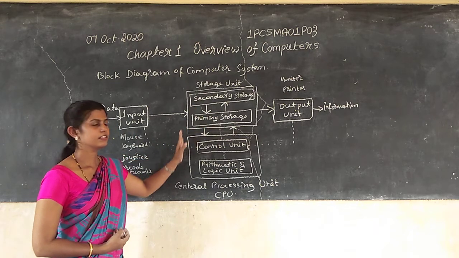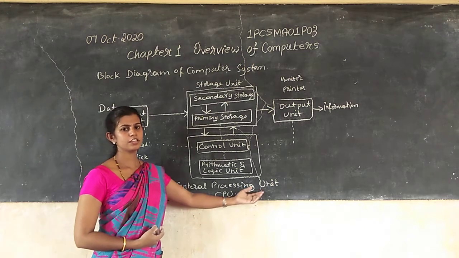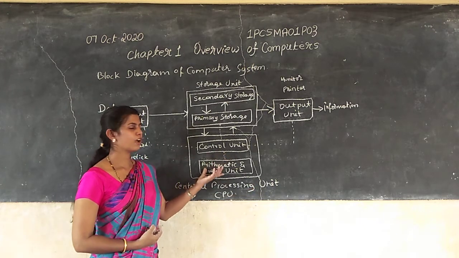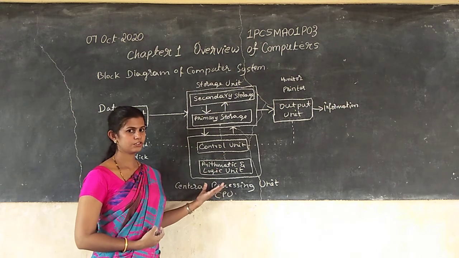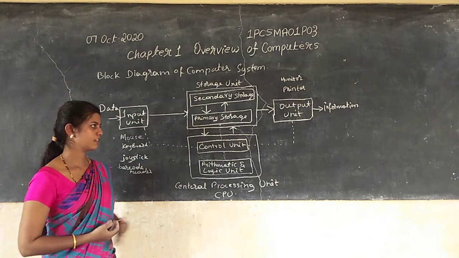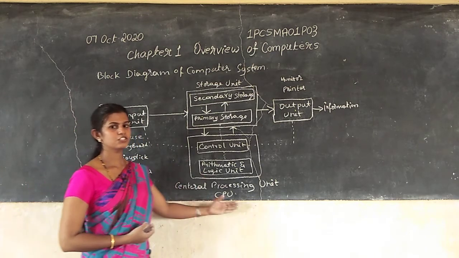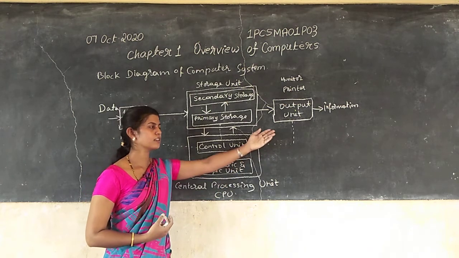After that, that data will be processed in the central processing unit. The required operations will be done in the processing unit, like arithmetical or logical operations. After that, it will generate some meaningful information, which is called output.